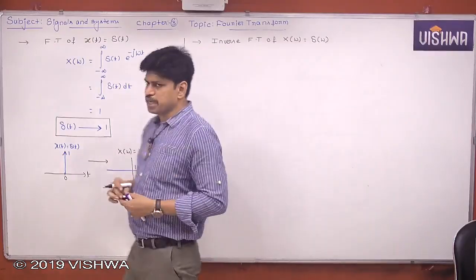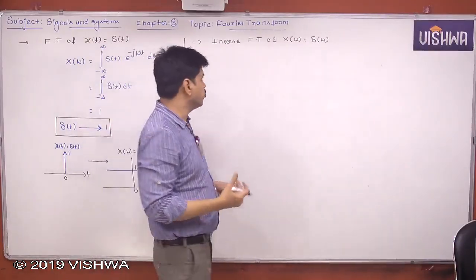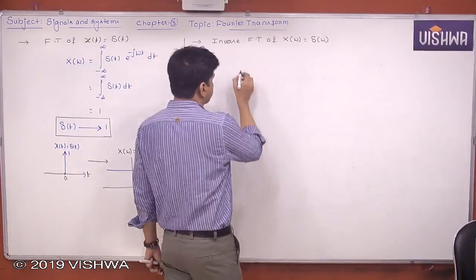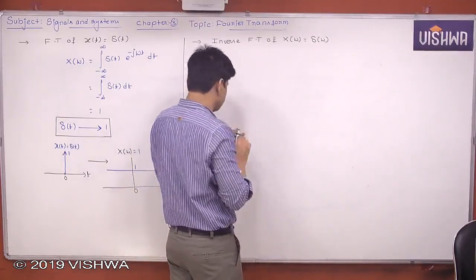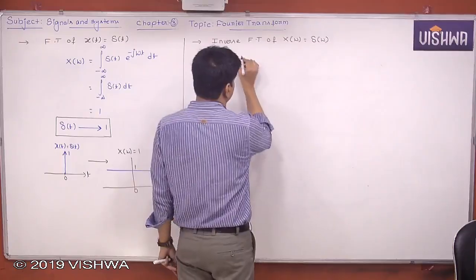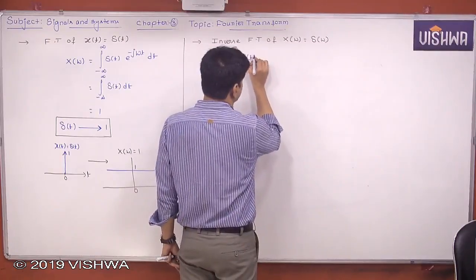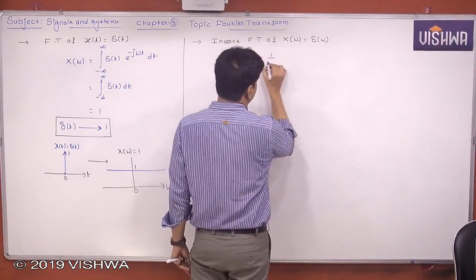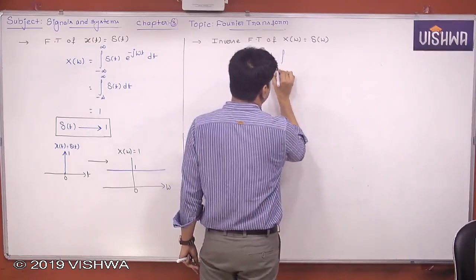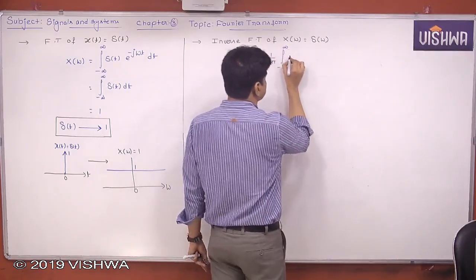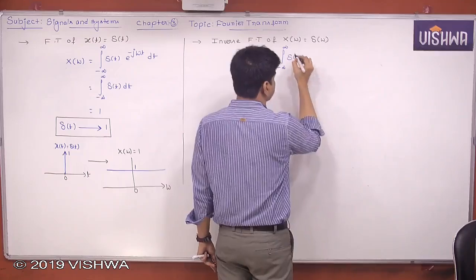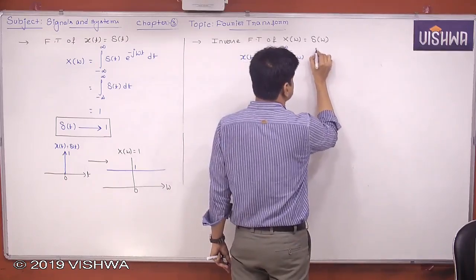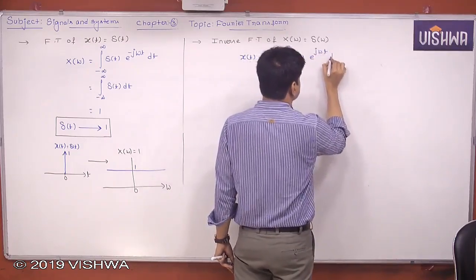For X of omega, we have to find the inverse Fourier transform. So what is x of t? The formula we know: x of t equals 1 by 2 pi integral minus infinity to infinity X of omega, that is delta omega, e power j omega t d omega.